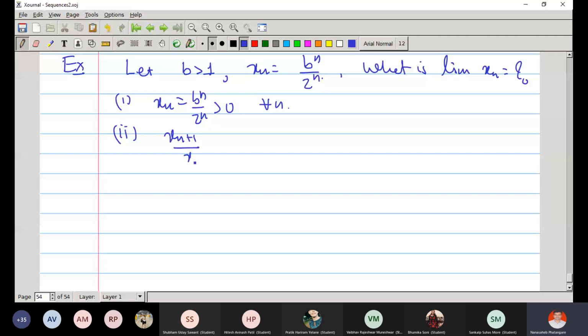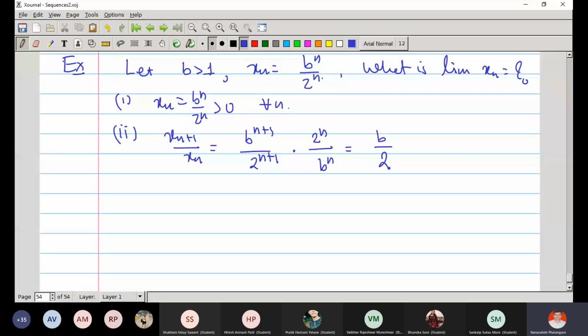Let us calculate it. b raised to n plus 1 upon 2 raised to n plus 1, upon b raised to n upon 2 raised to n, or I can write it as 2 raised to n upon b raised to n. So ultimately what is it? b upon what? b raised to n cancels, b upon 2.